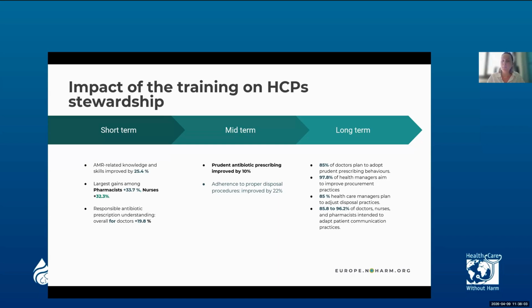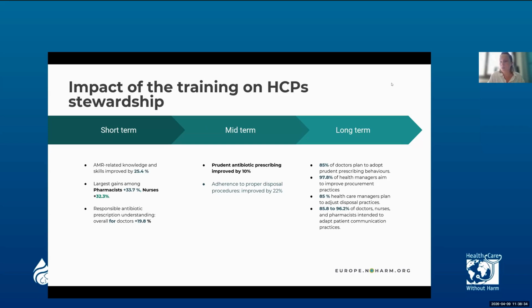When we focus on the midterm, which means a few months after they followed the training, they reported a change in their antibiotic prescribing, which specifically targets prescribers, but also a change in their disposal procedure, even at an individual level. When it comes to long-term effects, that was more the way we assessed the intention to change, the way they would implement change or ask the yard to change.